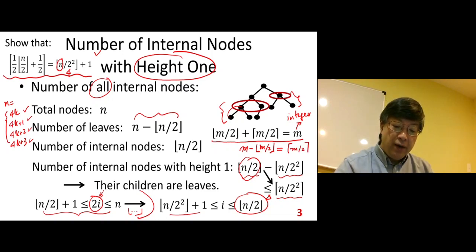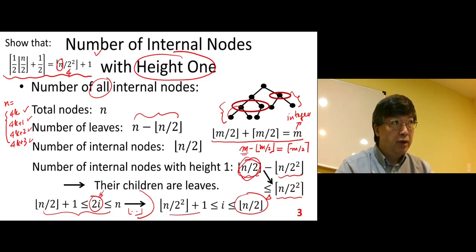But here n over 2 is not an integer like m, it could have a fractional part, right? For that situation, this becomes an inequality.